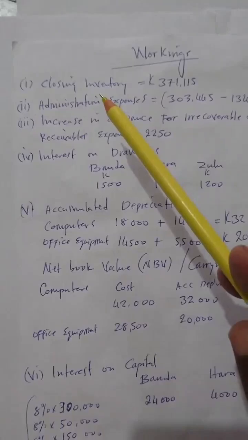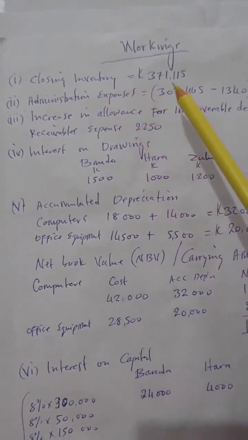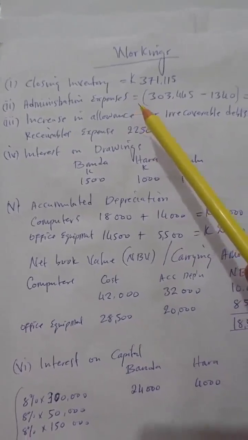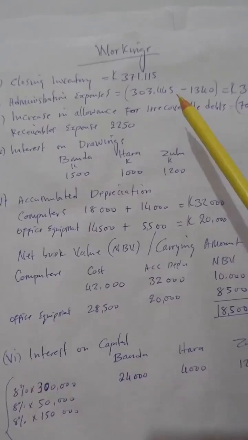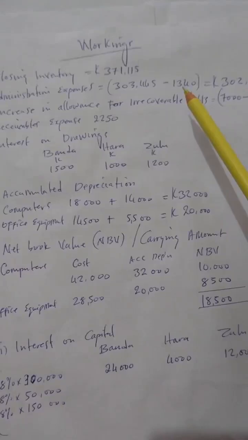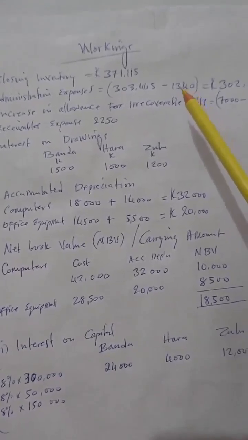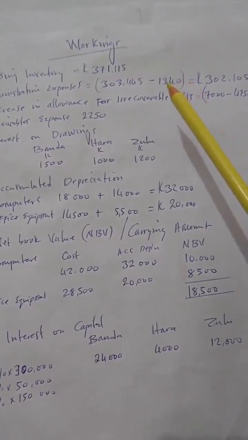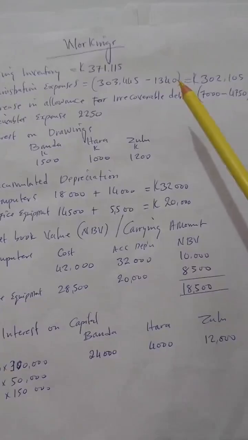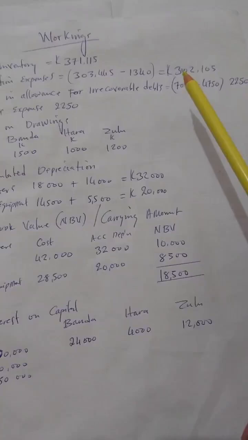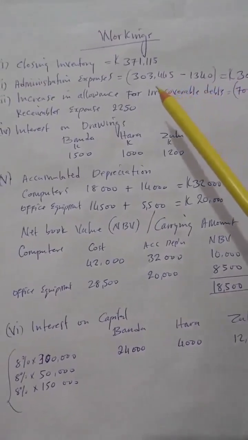So the closing inventory is that figure. The administration expenses, when you do the working out, you're going to subtract the one which was prepaid, 1340. Prepaid because it's not for that period, it's for the next period. So you can't use it in the accounting year that you're doing your calculations. So the expenses will come to that amount.